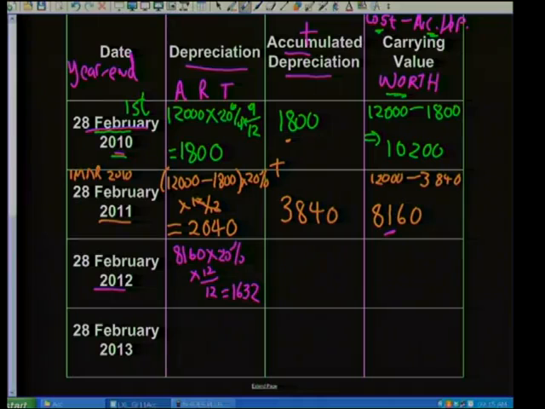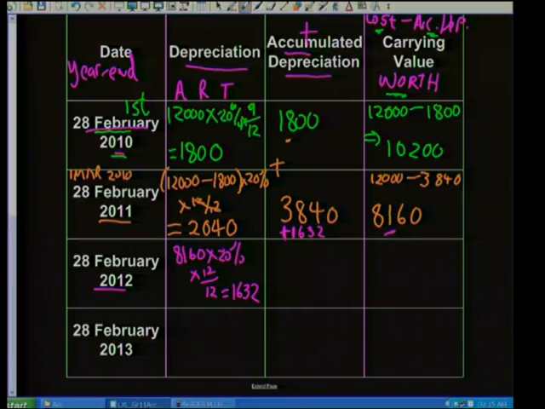Let's now look at accumulated depreciation. My accumulated depreciation was 3,840, but I've now added on, or I've written off rather, an additional 1,632. So accumulated depreciation total is now going to increase.